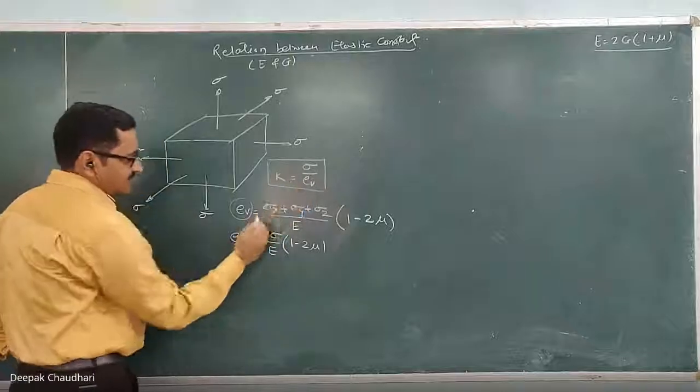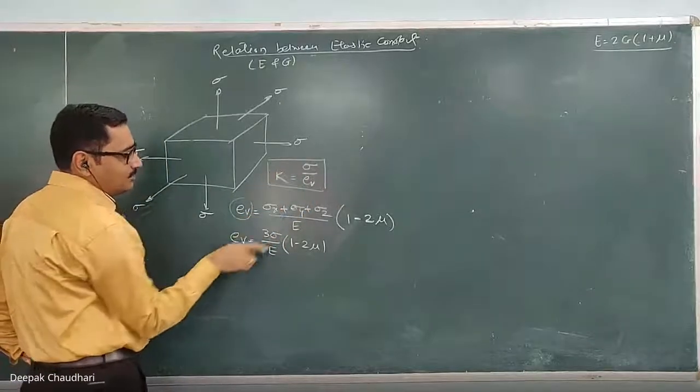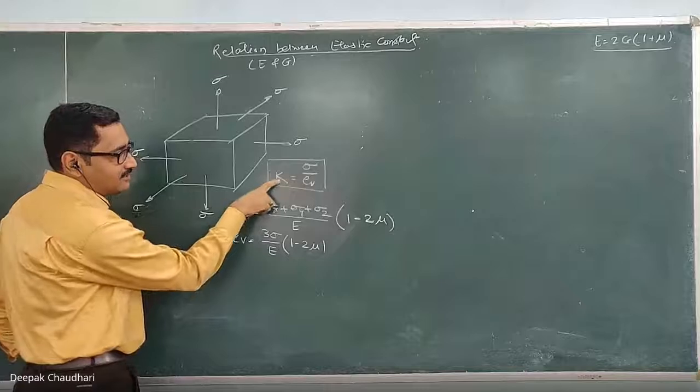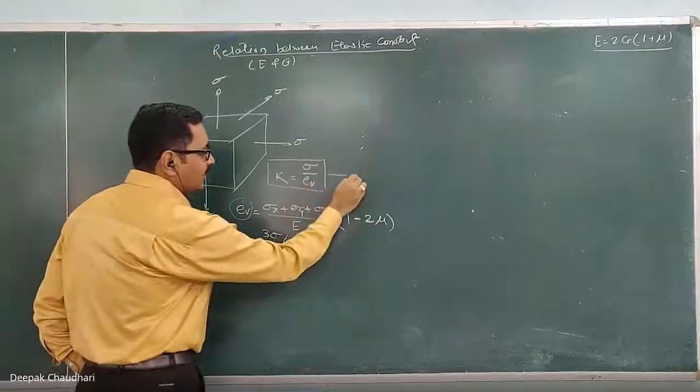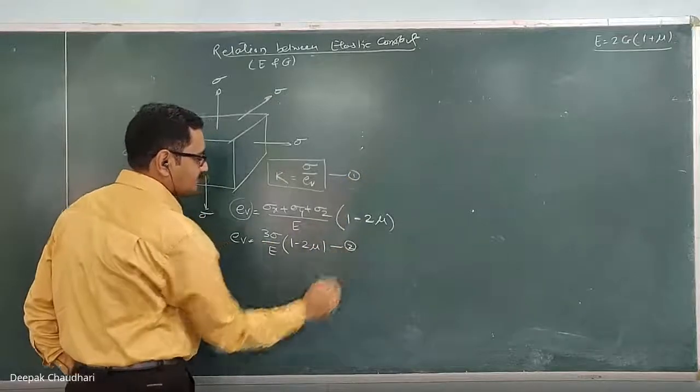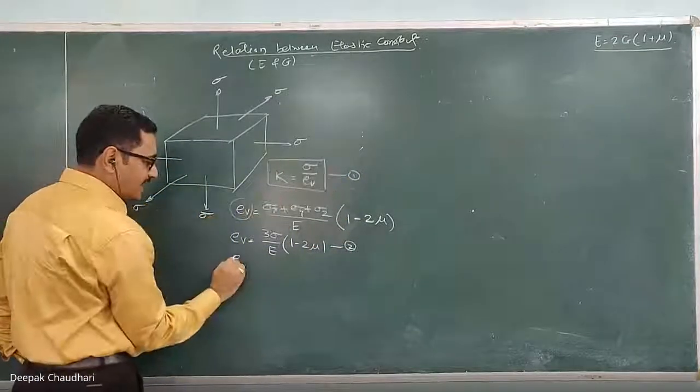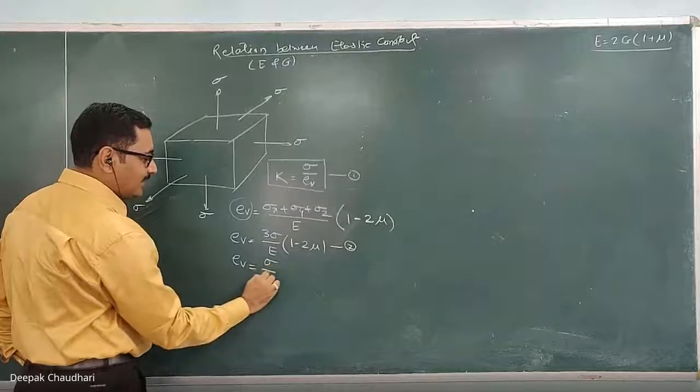Here the second relation. We have to derive the relation between the bulk modulus and modulus of elasticity. So this is one equation, this is another equation. Now from equation 1 I can write down EV equal to sigma upon K, isn't it?